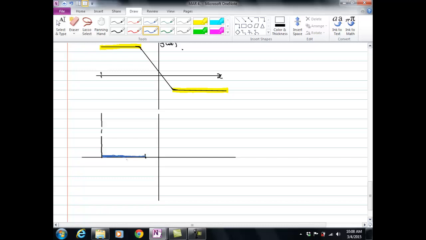Then from here to here, it's going to be this shape right here. I'm just going to draw it in for you, because I start with the 0. Now there's this piece in the middle. What does that really look like? And that's where the issue lies.